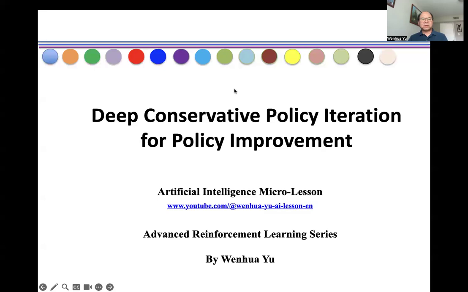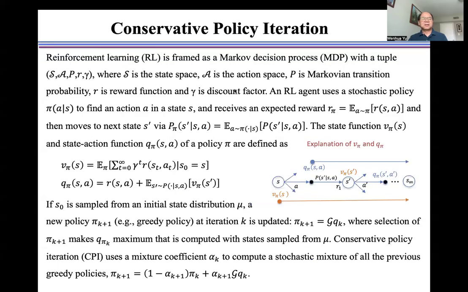In this video, I introduce deep conservative policy iteration for policy improvement. Reinforcement learning is framed as a Markov decision process with a tuple (S, A, P, R, gamma), where S is a state space, A is an action space, P is a Markovian transition probability, R is a reward function, and gamma is a discount factor.